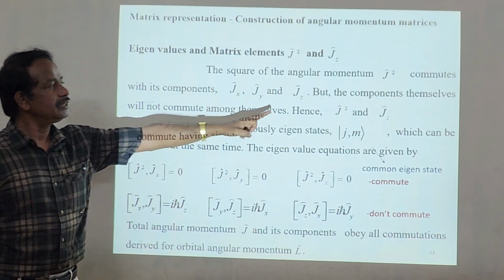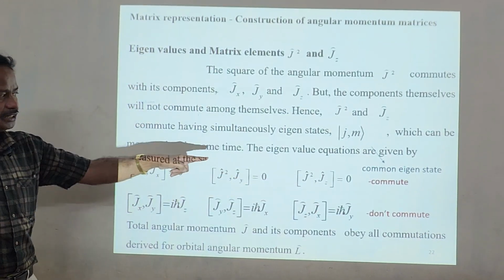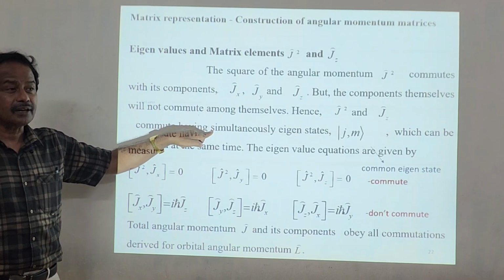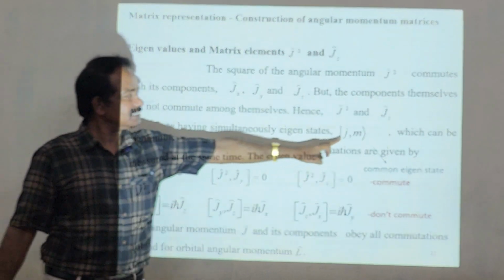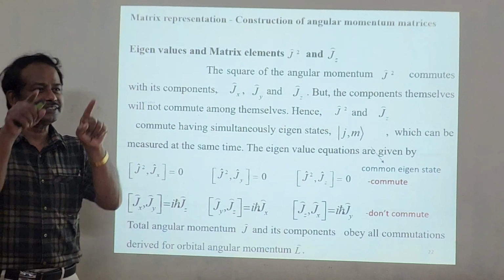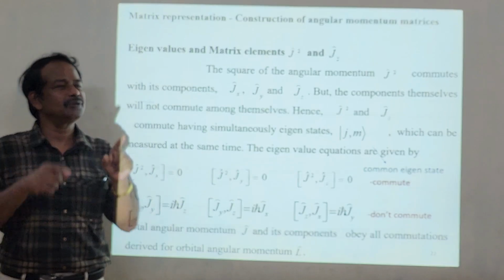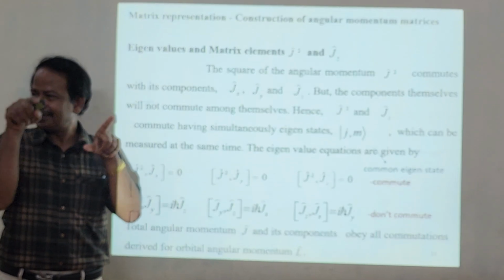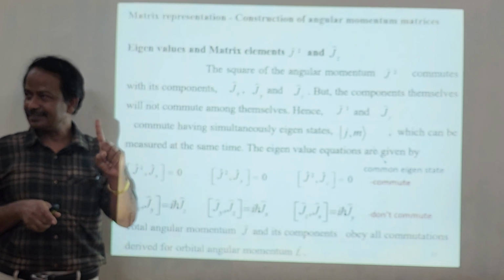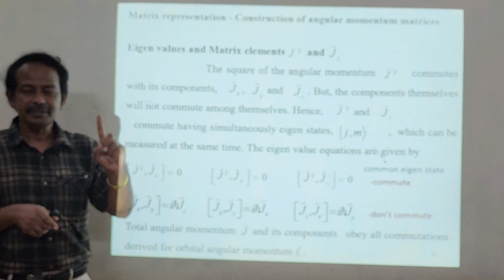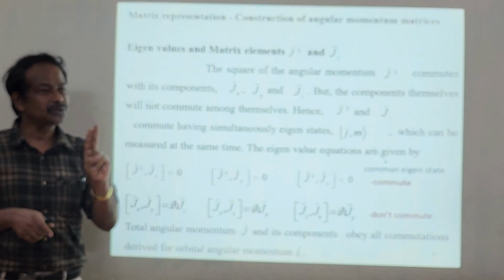The second point is that j squared and jz commute with each other, and they will have common, simultaneous eigenstates. These eigenstates, for the first time, you are going to learn with the ket j comma m. Earlier we learnt about ket phi, ket psi, ket chi, a single state vector or eigenstate. Now we have inserted two things, j comma m. Both are bases.